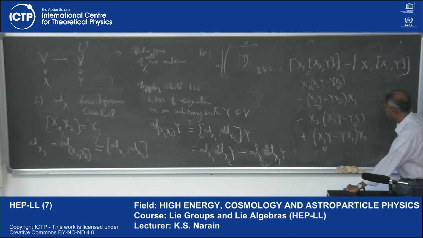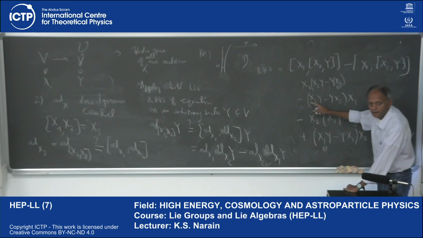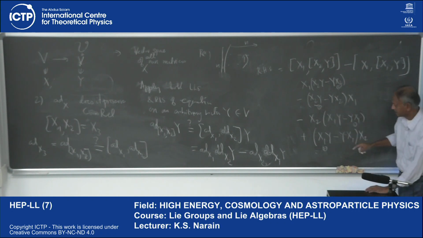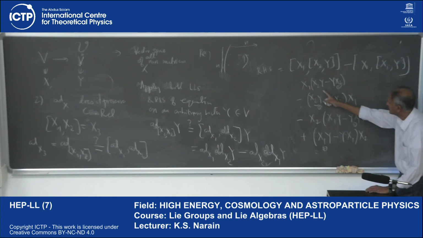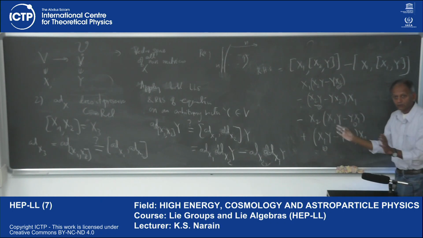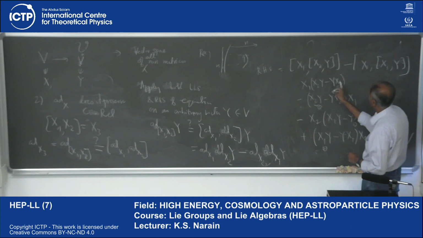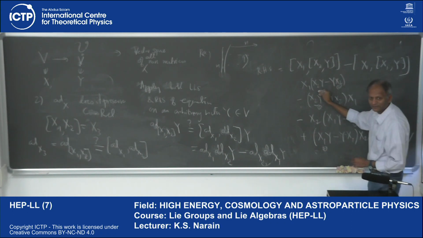Is there anything else? The y is still on the right-hand side. This is matrix multiplication, you can't move it. You can't change the order. If you could exchange, this would already be zero.